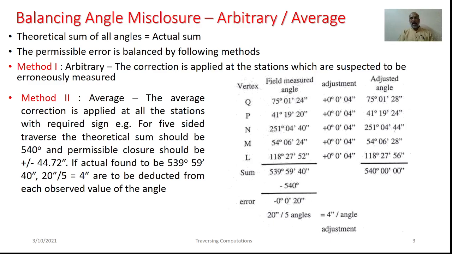Whereas, as the traverse is 5-sided, the sum should be 540 degrees. That is, misclosure works out to be 20 seconds.